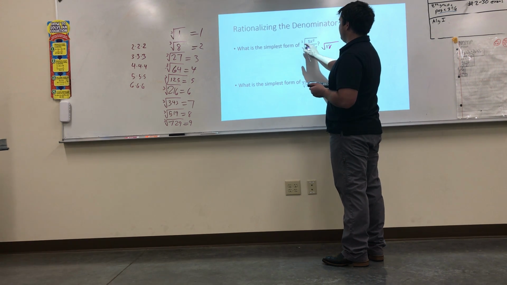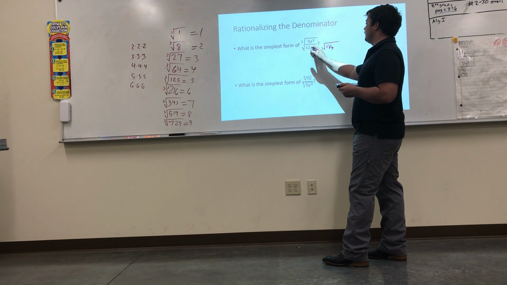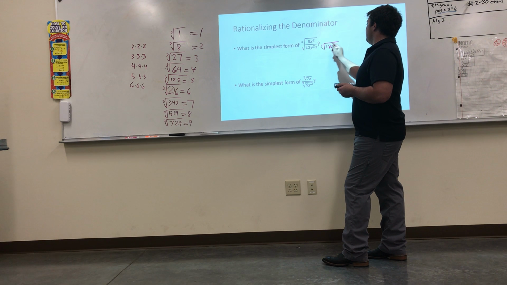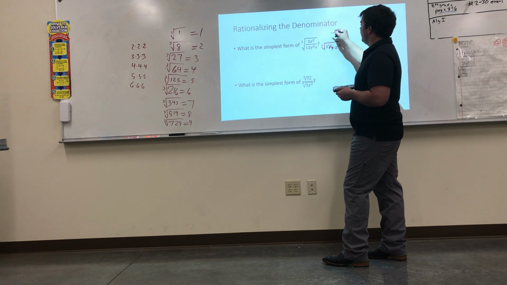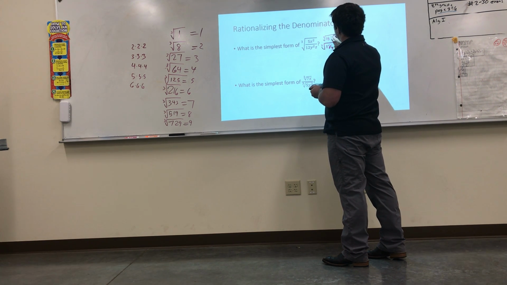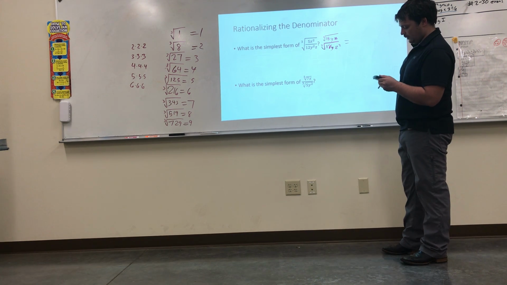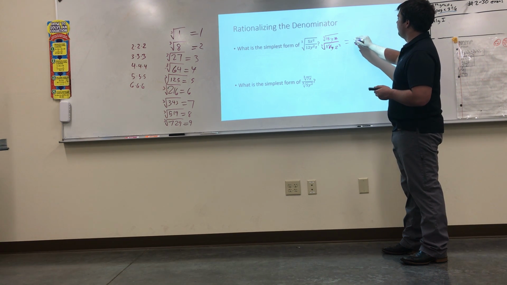All right, we gotta have 3s. So this is only 2, so I'd have to multiply by y to the first to get that to be y to the third. z to the second is what I need to get that to the z to the third. What I do to the bottom, I must do to the top. Bottom here, we're going to get cube root of 216, my bad.